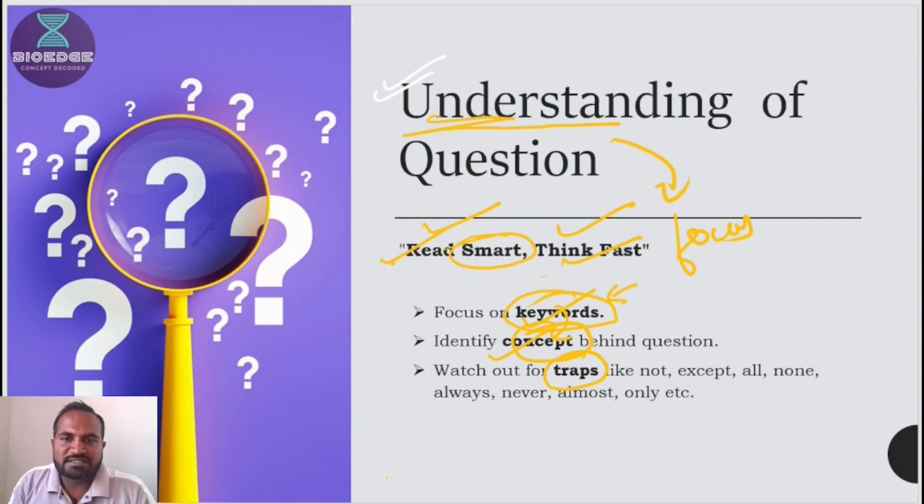There are certain traps the paper setter can introduce in your questions, such as not, at all, all, none, always, never, almost, only. These are the certain traps, and these traps can be identified by the student. If you identify the trap, the concept, and the keywords, then understanding of questions would be very simple.